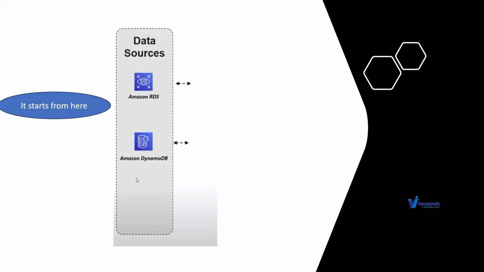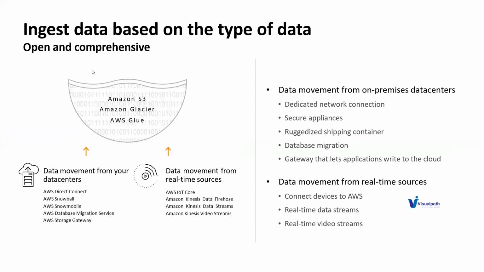While learning this bootcamp, it starts from here. You have your data sources. You have your data in the form of relational databases, or in the form of DynamoDB, basically. Once you have this data, we need to bring all of it into S3. What is this S3 here? This S3 is nothing but a data lake. Ingest data based on the type of data.